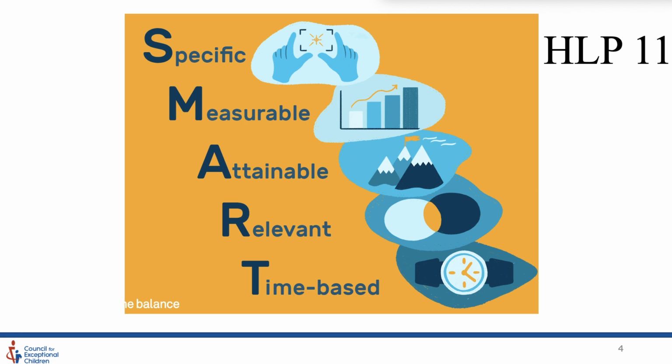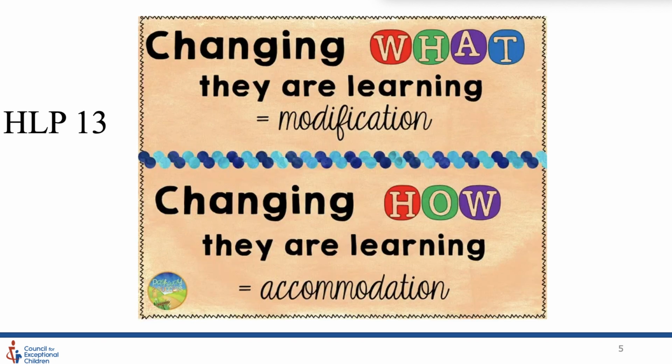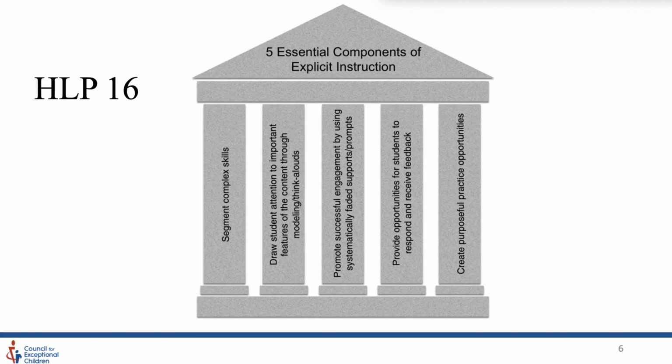Examples being HLP number 11, to create and set long and short-term learning goals. Obviously, that's really critical. HLP 13 is all around creating and using adaptations, accommodations, or modifications to help students achieve those learning goals that were set.